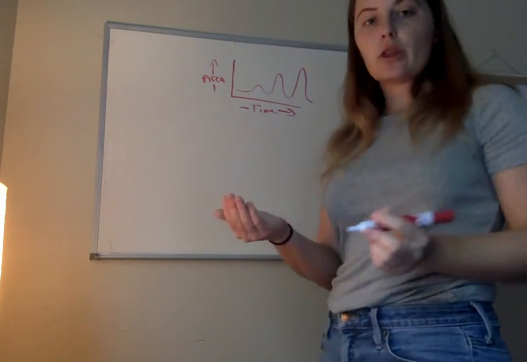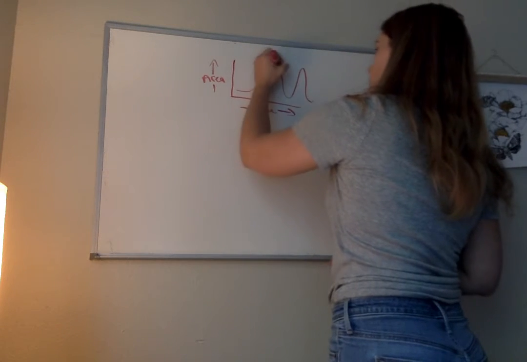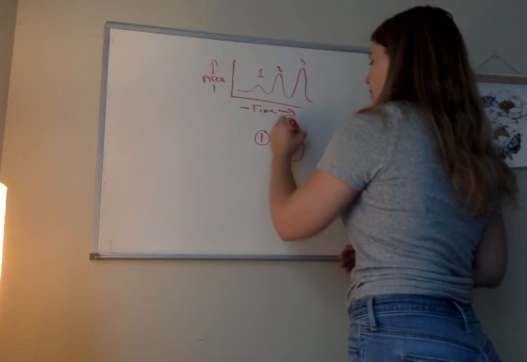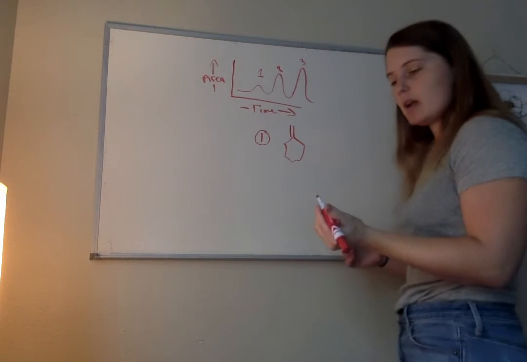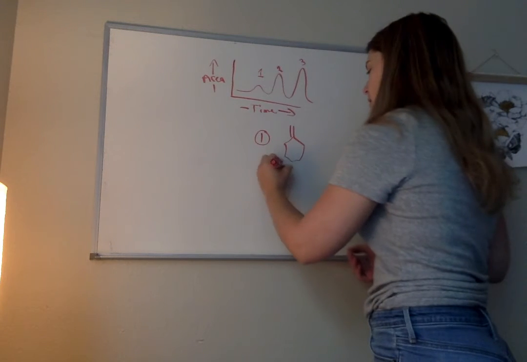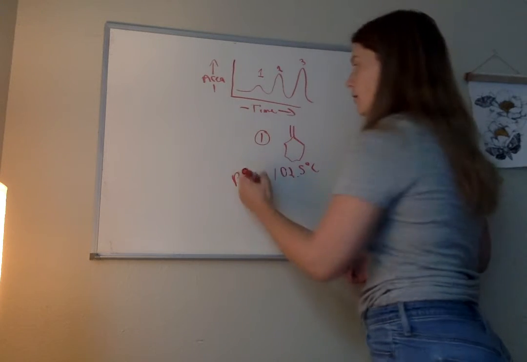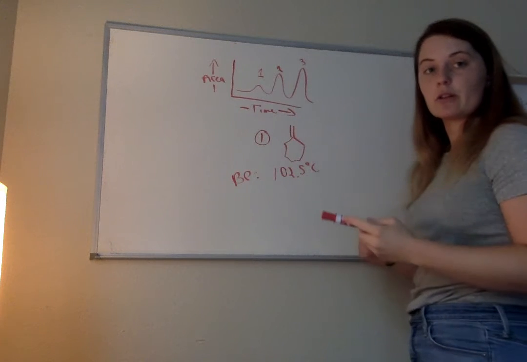Based on the theory I gave you, you would assume that peak number 1 is this one, because it has the lowest boiling point at 102.5 degrees C. Since it has the lowest boiling point of all of these values, it's going to come out first on the GC.